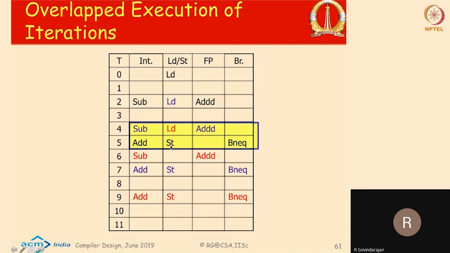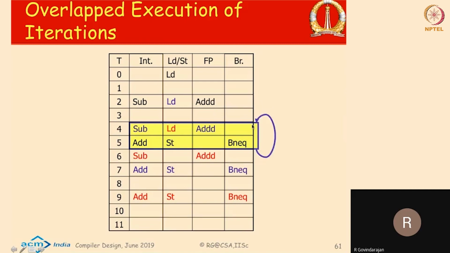So what we have done is that we have composed a loop which consists of the same operations as the original loop, but now the operations are being performed on different elements of the array, corresponding to different iteration values. So this is what is called software pipelining, and you are now able to execute each iteration of the loop in 2 cycles.